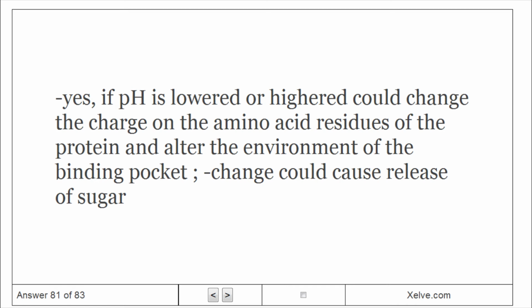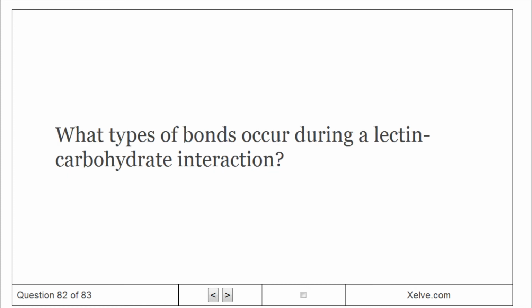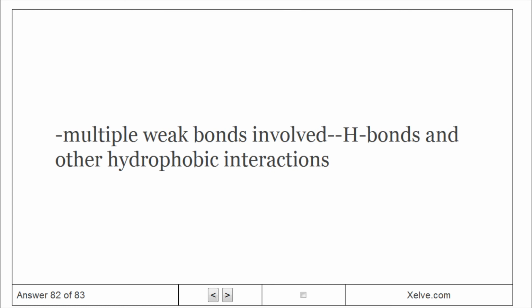The change could cause release of the sugar. What types of bonds occur during a lectin-carbohydrate interaction? Multiple weak bonds are involved, H-bonds and other hydrophobic interactions.